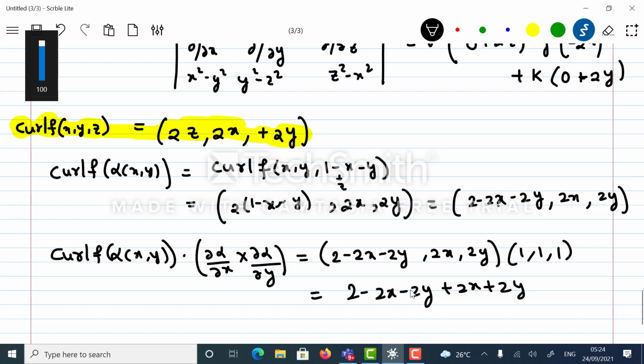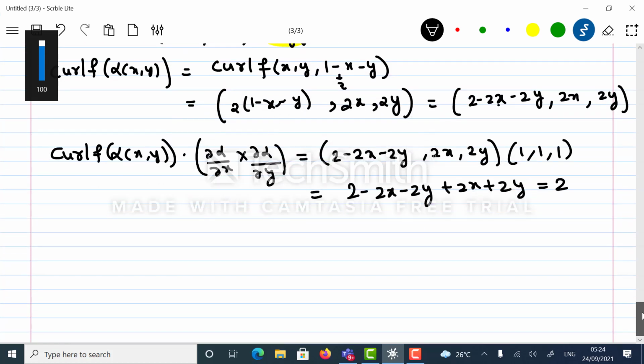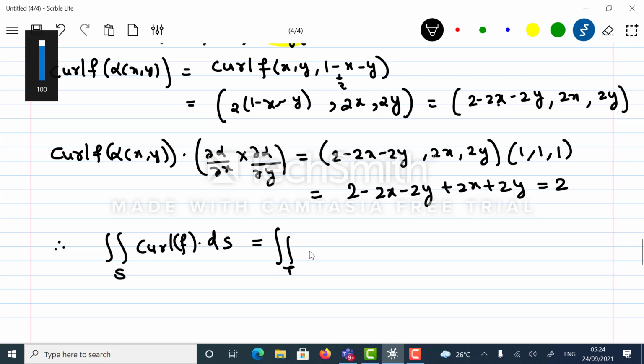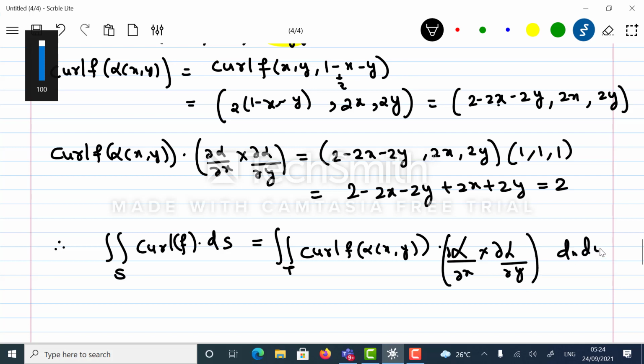So this will give me 2 only. And therefore the surface integral over S of curl f dot dS is equal to the double integral over T of curl f at alpha(x, y) dot product with ∂alpha/∂x cross ∂alpha/∂y dx dy.